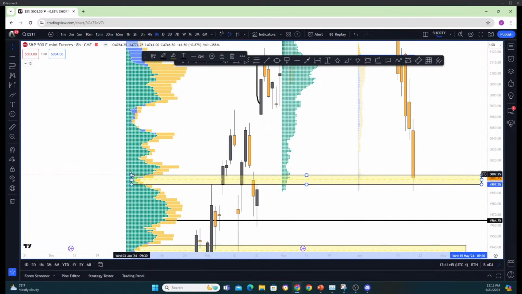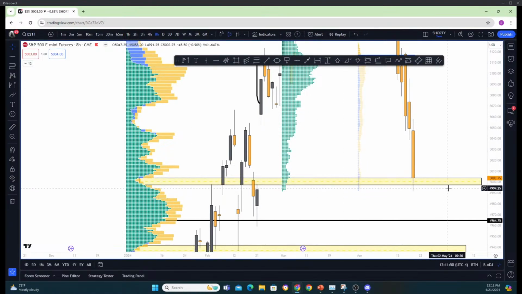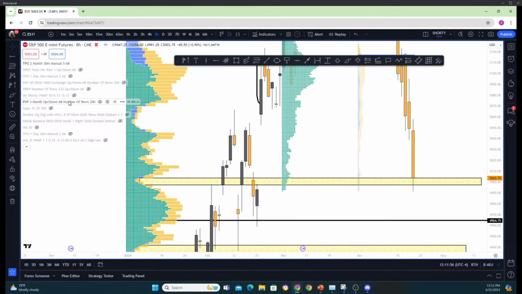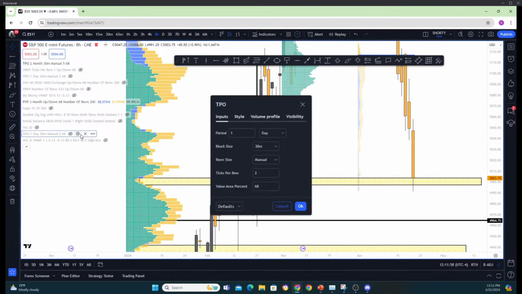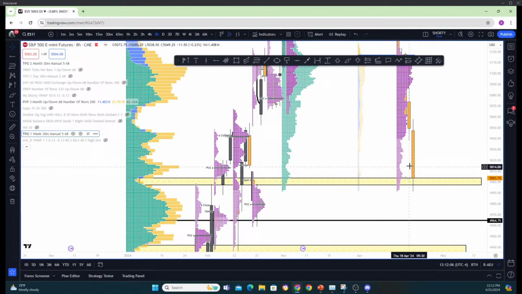So let's say in this case right here, this was the LVN that we are in. Right now, if you look at this, do we have a lot of buyers right here with the excess on the bottom? Oh, let me give you a weekly profile on the bottom. I'm interested to see what happened here.